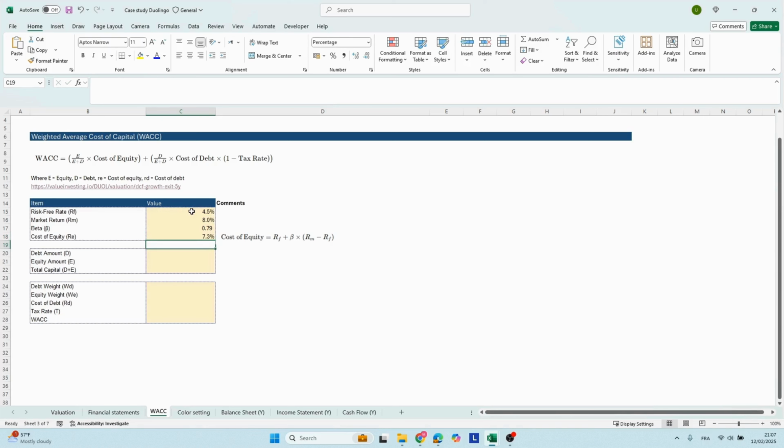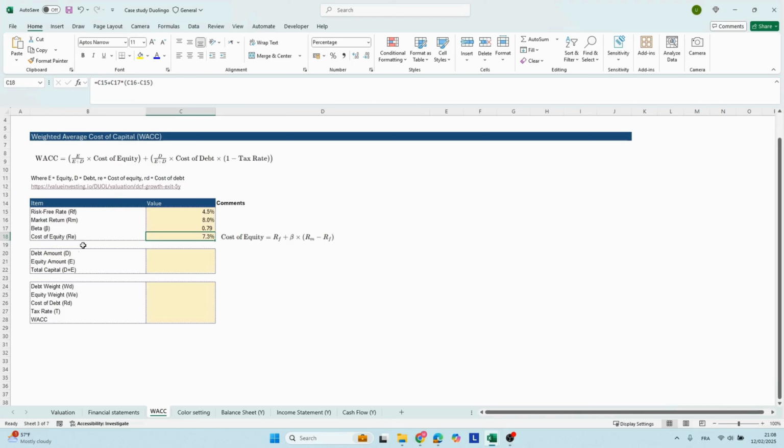And we get the cost of equity of 7.3%. So here the cost of equity is lower than 8% because our beta is less than 1. So we finish with the cost of equity. That means we have the first part of the formula.